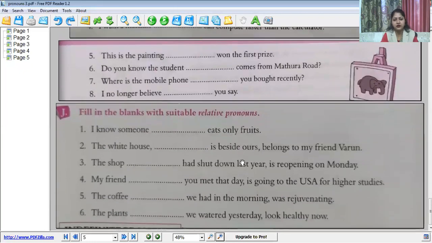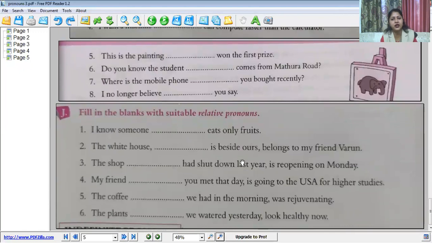This is the end of my PDF. We'll do these 6 sentences. I know someone who eats only fruits.